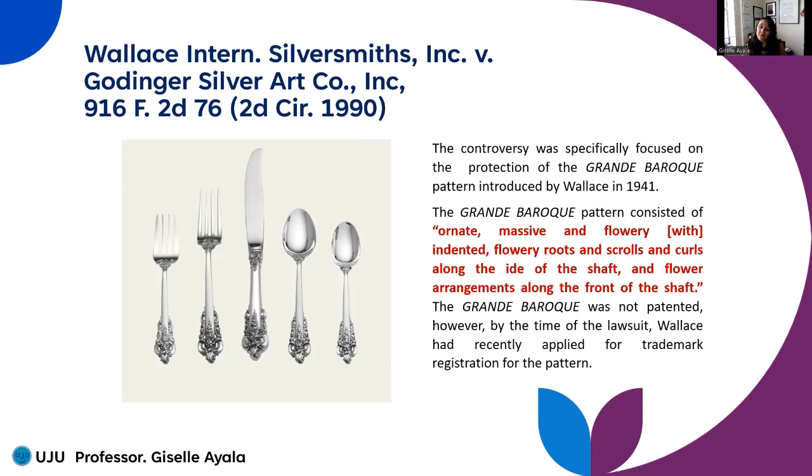The plaintiff said that the Grand Baroque pattern was the ornate, massive, flowery indented style, flowery roots, scrolls, curls. It was very broad in terms of what the plaintiff actually wanted to protect. So the court noted that first, in that specific market and that specific industry, there were actually other manufacturers and producers of silverware which also used that Baroque style.